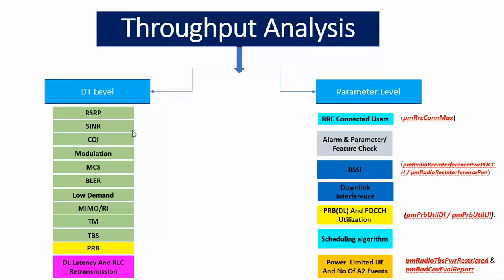So we need to make one cell dominant, and all other cells need to be down-tilted. You can get a better SINR, then you can improve our throughput. If we get good SINR, that means you will get good throughput.